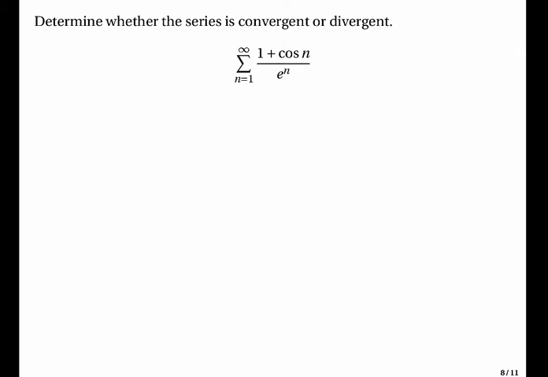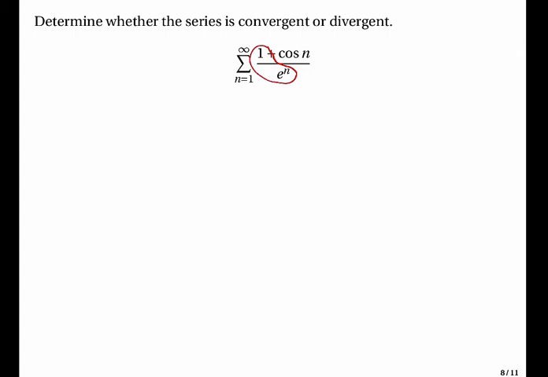Now, for this, an obvious series that we can use is the series which involves this guy here. Okay? So we will try to compare this series with the series 1 over e to the n. Okay? Before we do that, first, let us have the following analysis.